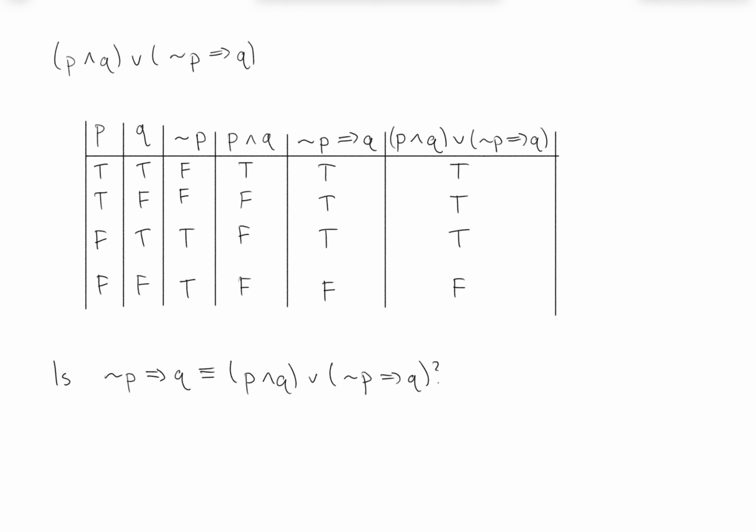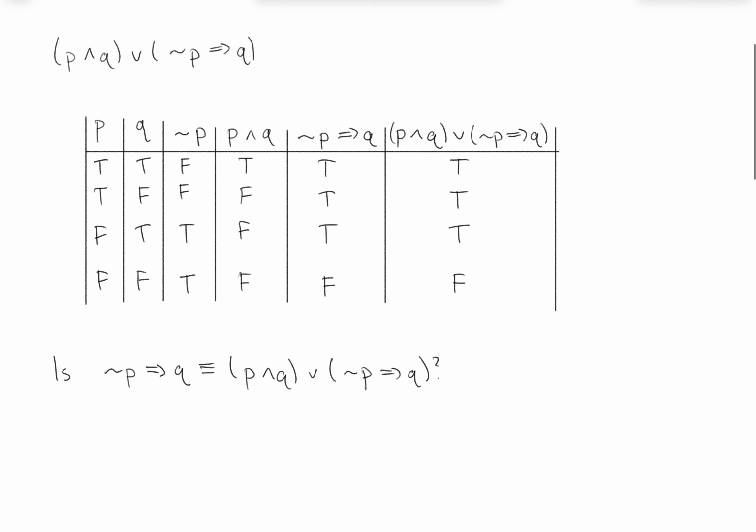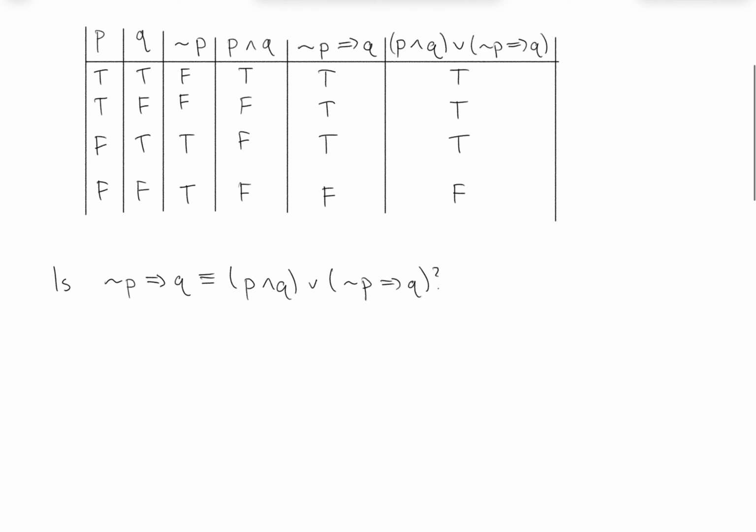If we look at that, we have true, true, true, then false. And then if you look at the right-hand side and the corresponding column in the truth table, we have the same sequence of truth values, true, true, true, then false. So since they correspond, we can conclude that they are logically equivalent.